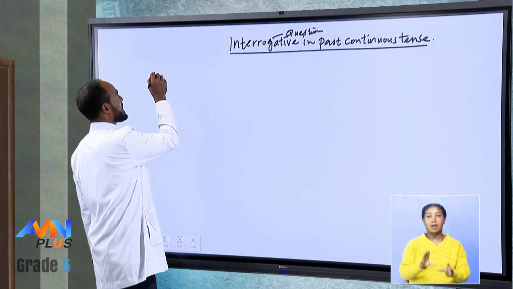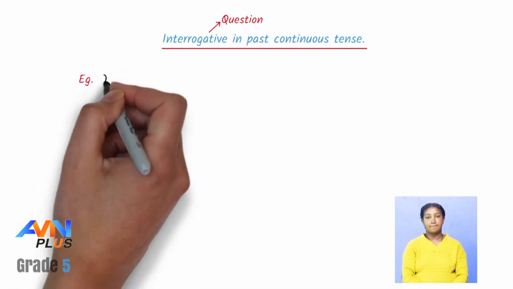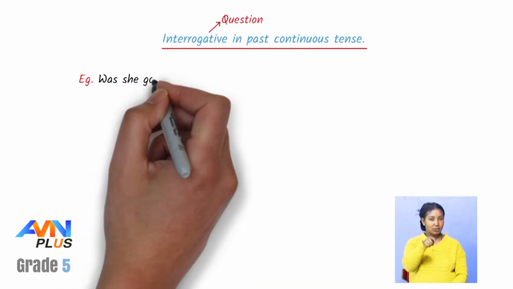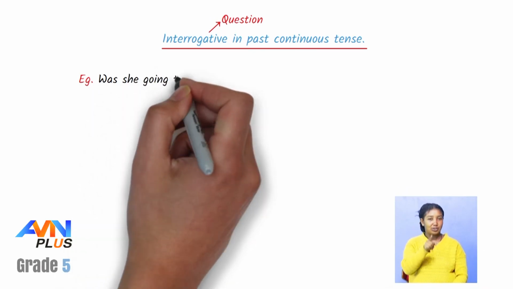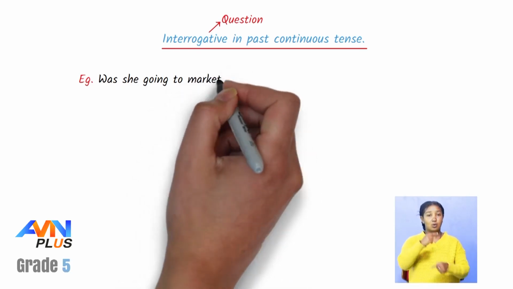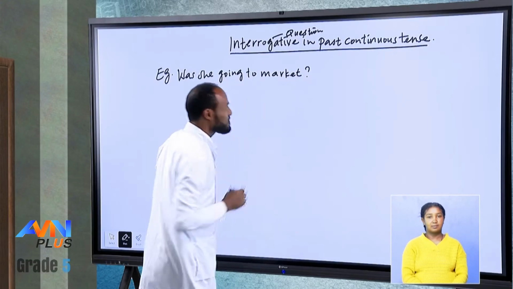Let me give you some examples of interrogative sentences. Example. Was she going to market? Question mark.